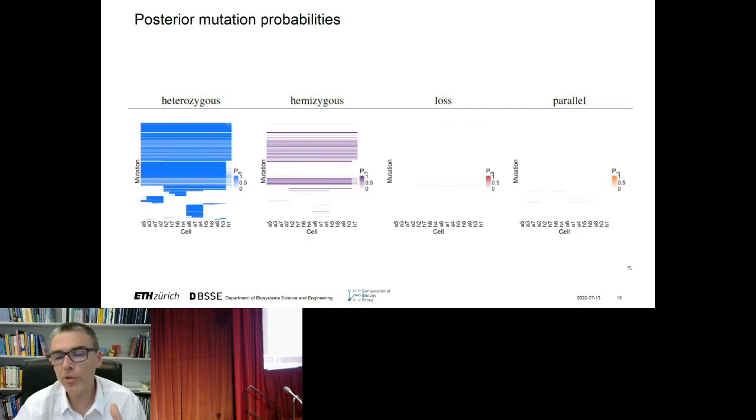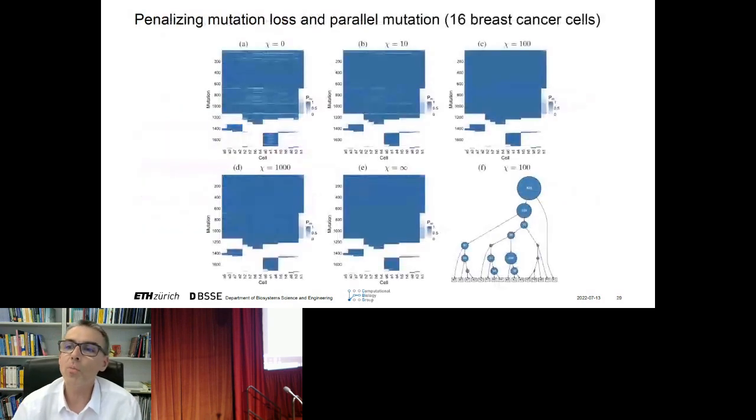Now, especially with introducing loss of heterozygosity and parallel mutations, you're opening up a lot of possibilities in the tree, and it becomes easily unidentifiable and easy to overfit. So the model does try to handle that by penalizing mutation loss and parallel mutation. There's a parameter psi here accounting for that.